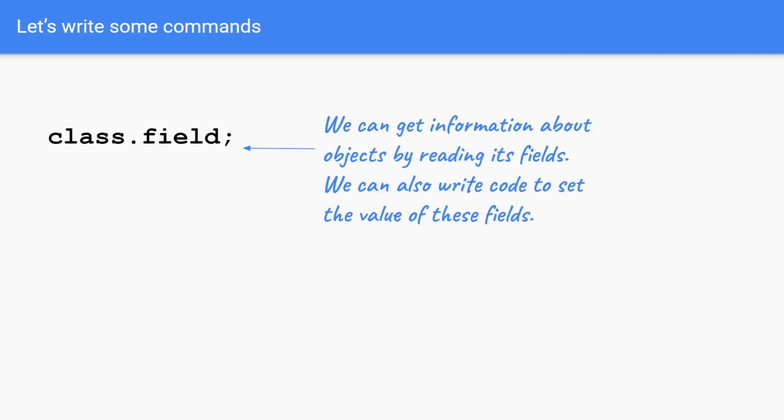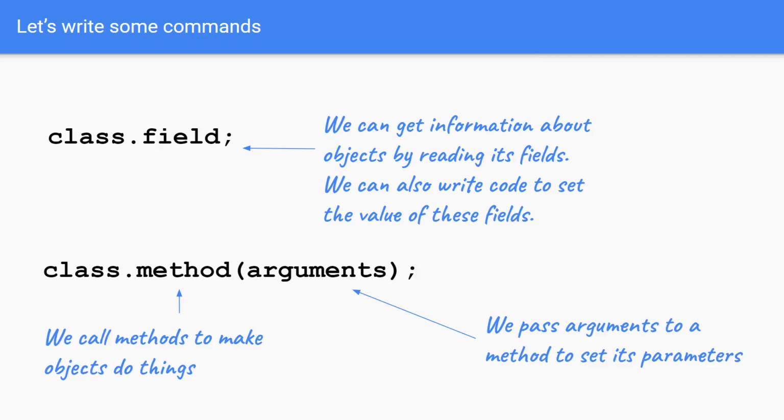So we can also do this. This is also helpful when we actually want to write values to these fields. So you can read them or you can write them depending on what the field is. And then when it comes to actually executing or calling methods, it's a similar type of syntax.